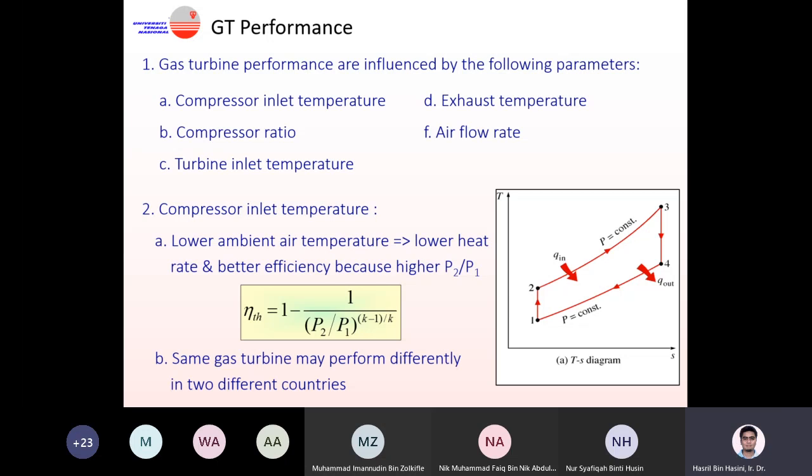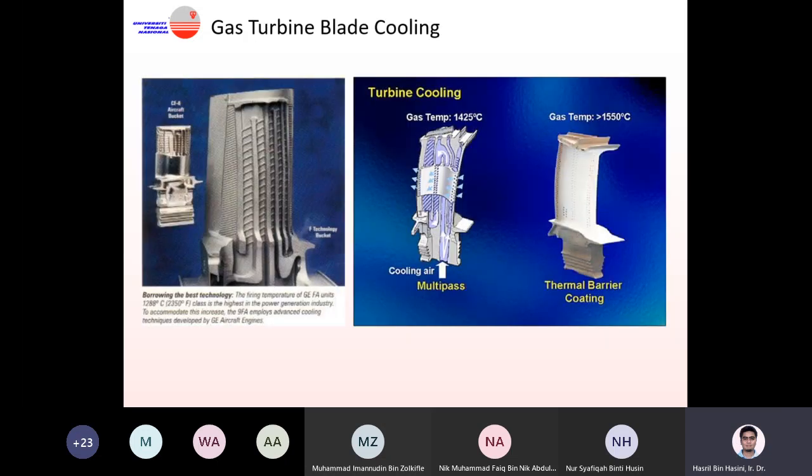When you talk about cooling holes here, you can just imagine the manufacturing process involved in order to make one piece of this particular blade. You cannot simply do the machining because of the complexity of the cooling hole inside the blade. Somehow it has to be properly casted.